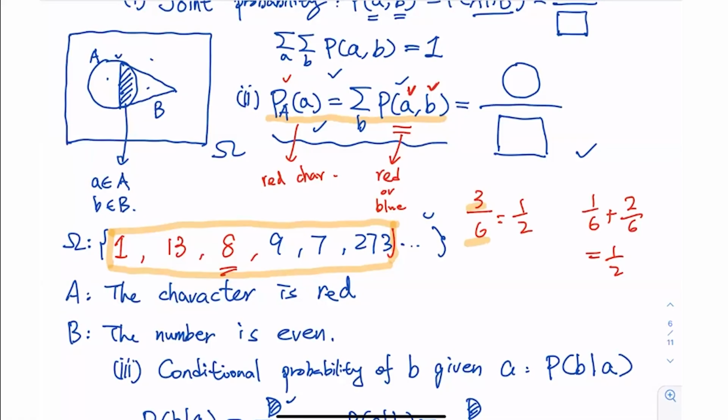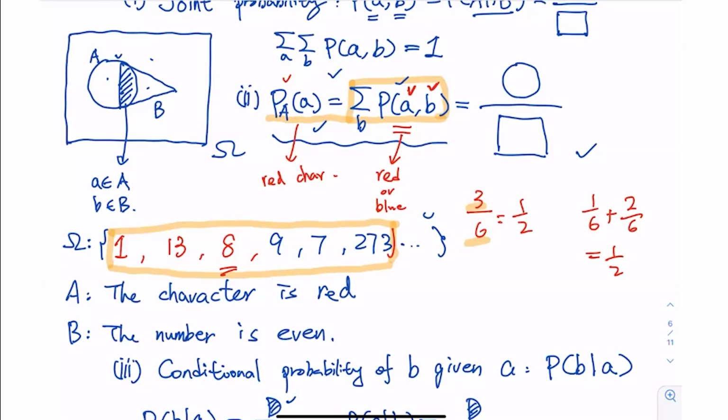And then what do I mean by the right-hand side where we sum over B? Here, this B just means that we include all the possibilities of being an even number or an odd number. So if I evaluate the right-hand side of the equation using this specific example, the first joint probability will be the probability that we got red and even number.